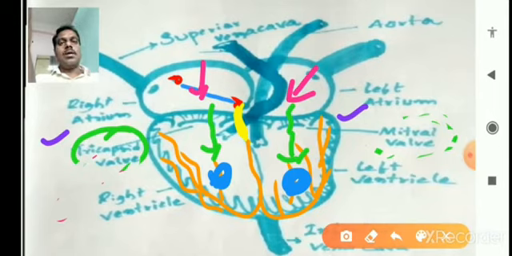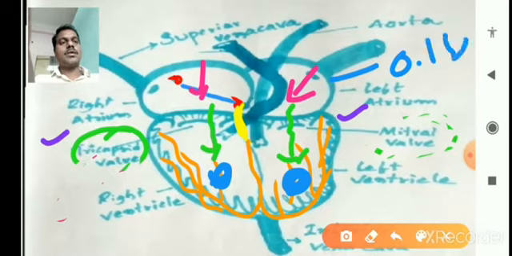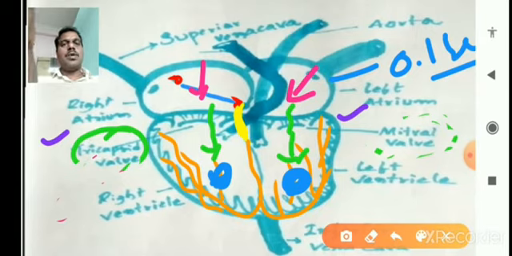Now the ventricles are filled with deoxygenated and oxygenated blood from the contraction of the auricles. The auricular contraction takes 0.1 second. Now the ventricles are filled with blood, and then they are also going to contract, because they gained the blood from the auricles through the tricuspid and mitral valves.